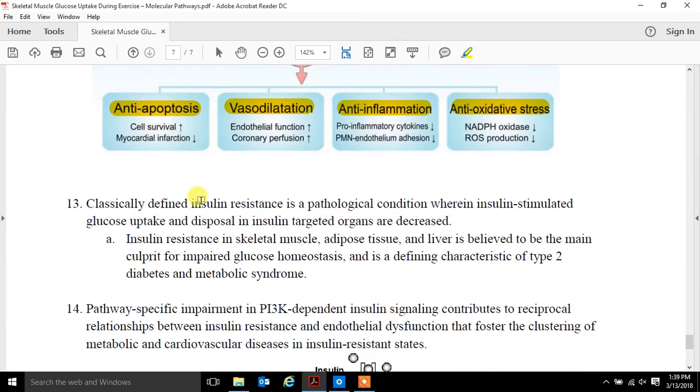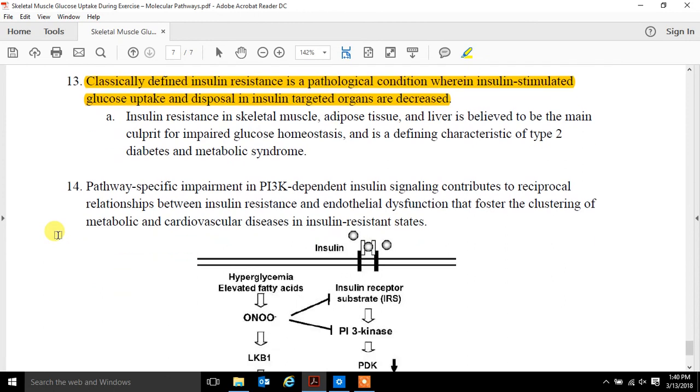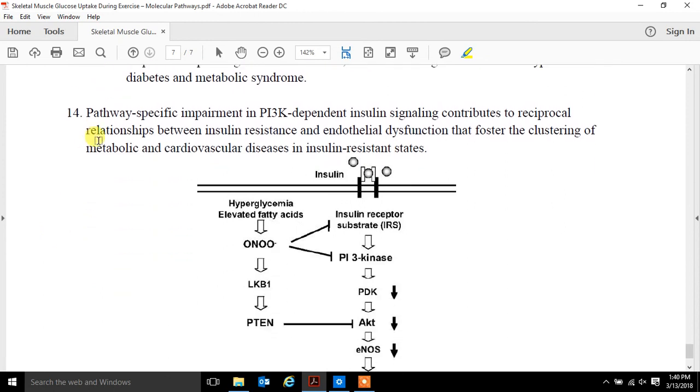So, classically defined insulin resistance, a pathological condition where insulin-stimulated glucose uptake and disposal is decreased. We start talking about pathway-specific impairments in this PI3K-dependent insulin signaling.